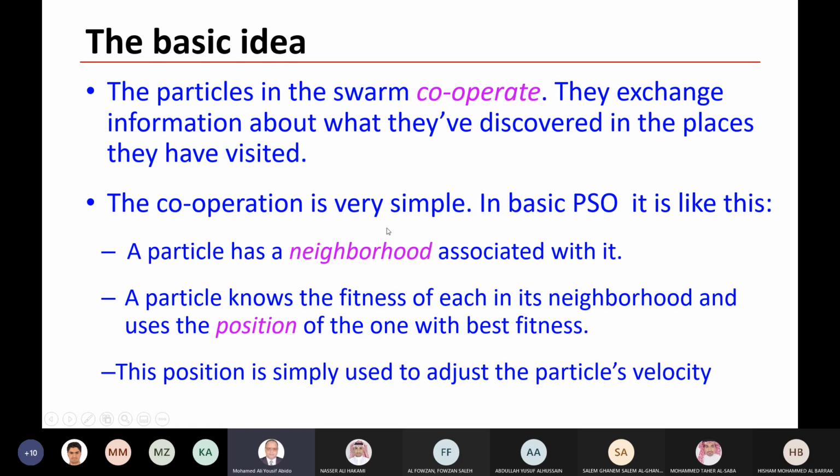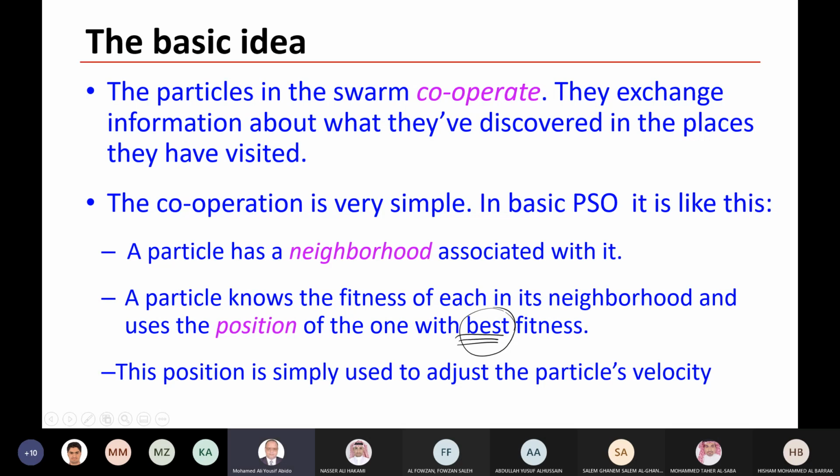A particle has a neighborhood associated with it, the particles around it. A particle knows the fitness of each of its neighborhood and uses the position of the one with the best fitness. And it looks to the best particle, and also it looks to its own best position.